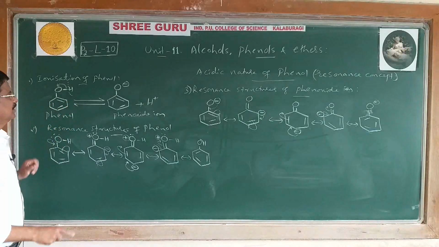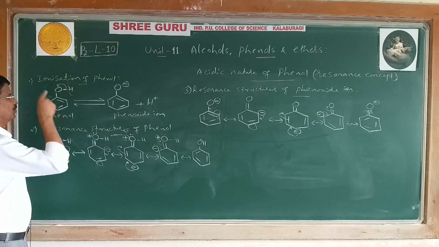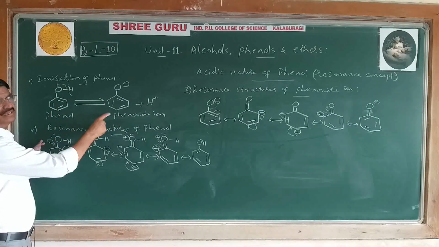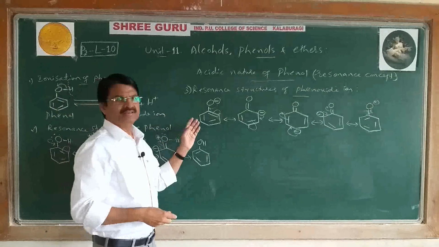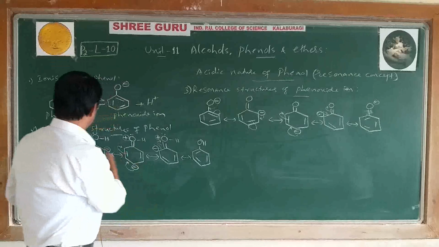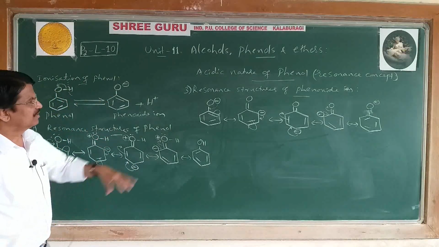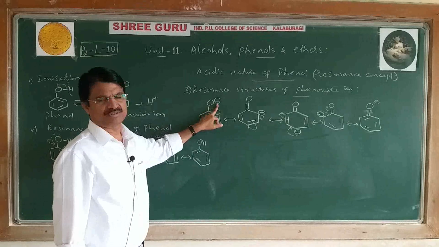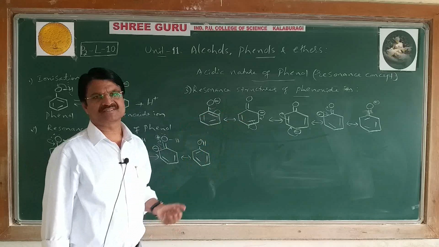Now we will prove here that phenoxide ion stability is more than phenol. That is based on the resonance structures of phenoxide ion and resonance structures of phenol; now we can decide which is more stable. The negative charge on oxygen of phenoxide ion disperses over the benzene ring by resonance.